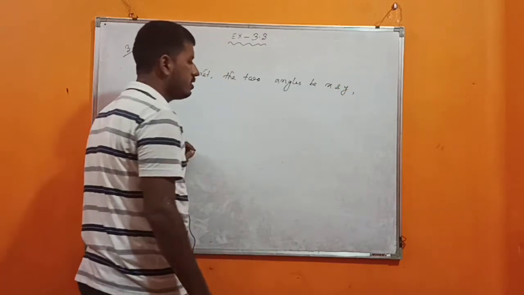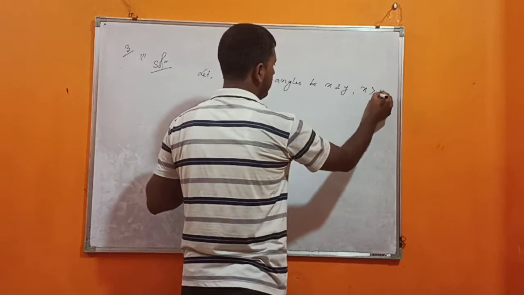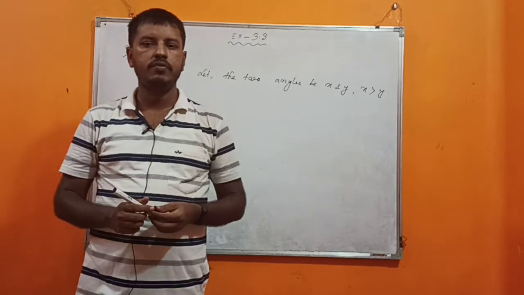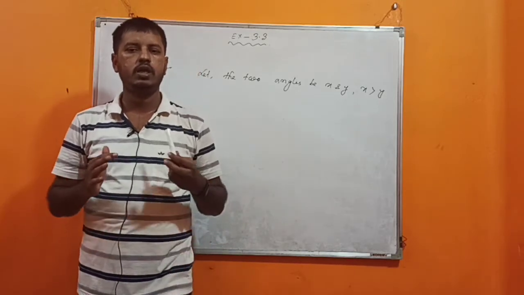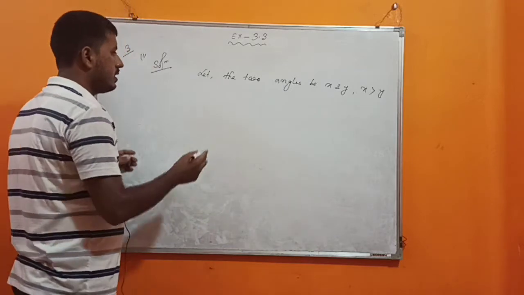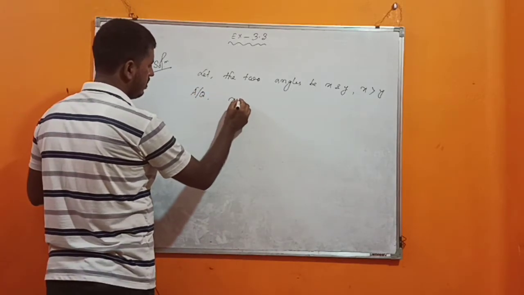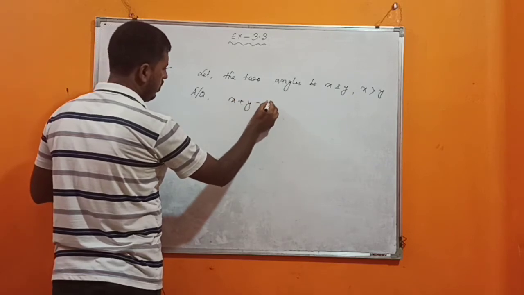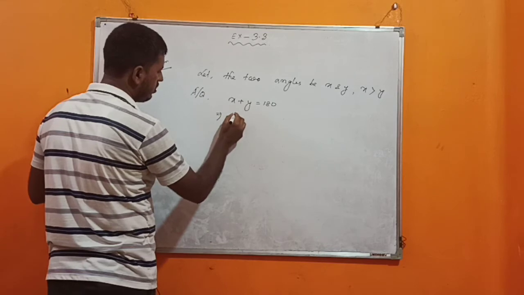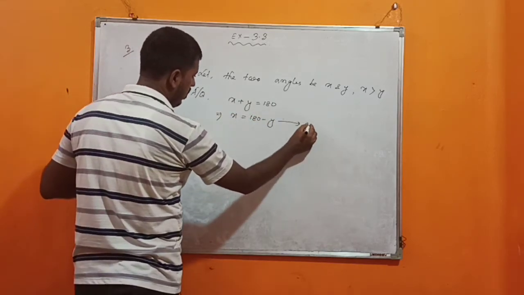As the smaller and the larger are given, we have to consider x greater than y. According to the question, x plus y equal to 180, so we get the value of x from here, x equal to 180 minus y, this will be 1.